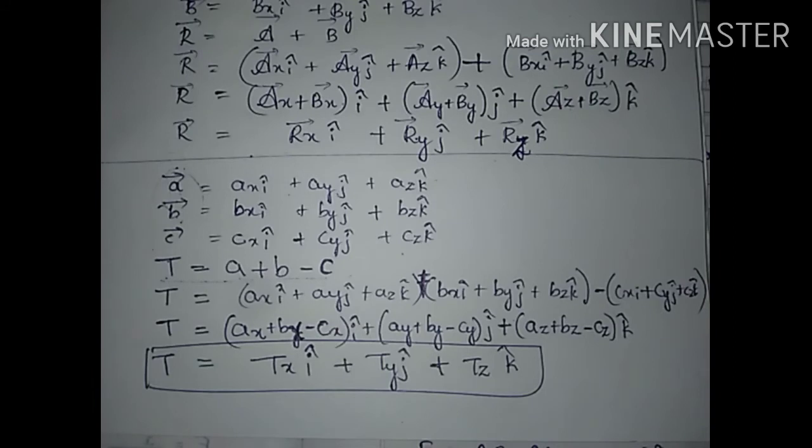If they mention these 3 vectors are in a plane, then you get only 2 components, but if they mention these 3 vectors are in space, then you will get 3 components.